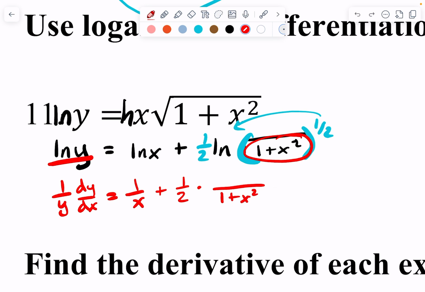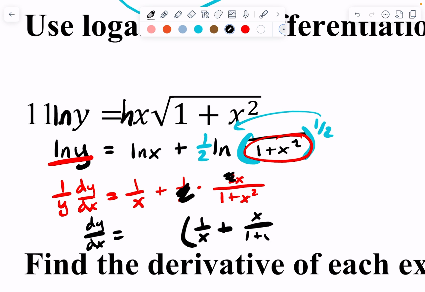So I'm just going to lump him on the top. So 2x. And then 1/2 and 2 will cancel, so I just have x over that thing. And then if I'm finding dy dx, this stuff is 1 over x, plus x over 1 plus x squared. That's what this stuff is right here.